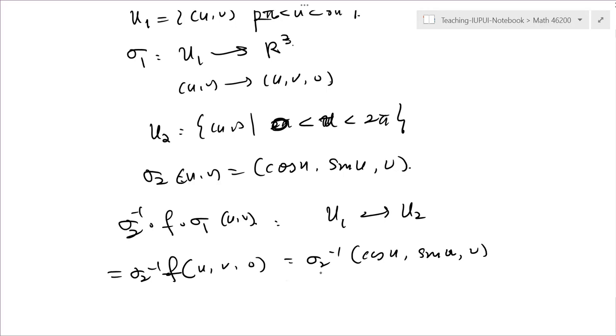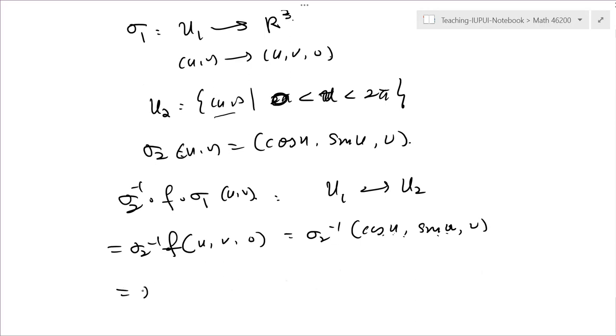Now, sigma 2 is from here to the cylinder. But this U, this U is actually outside the domain from 0 to 2 pi. So what you have to do is change it to U minus 2 pi, right?